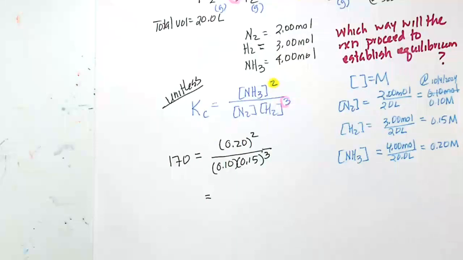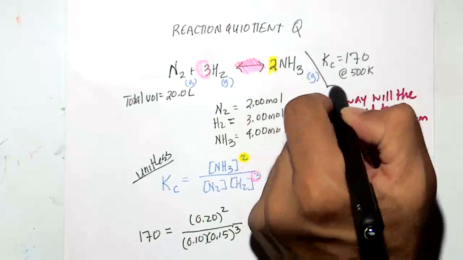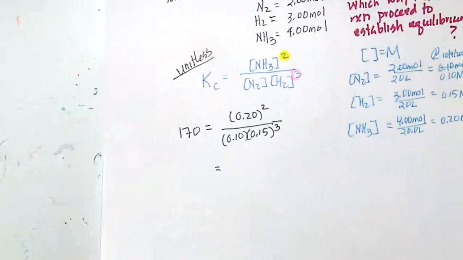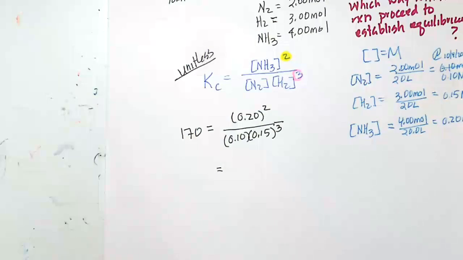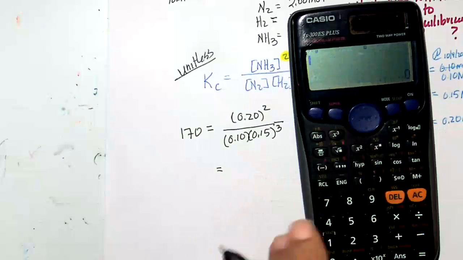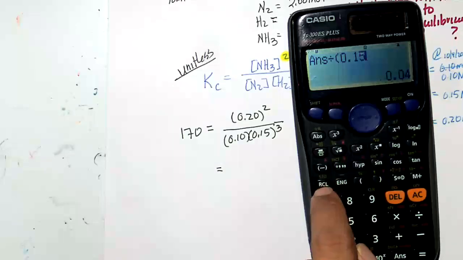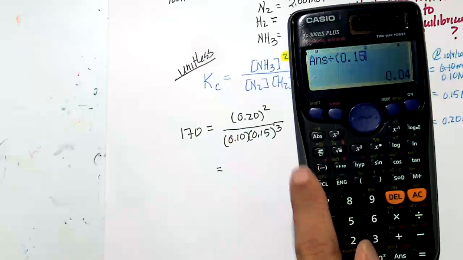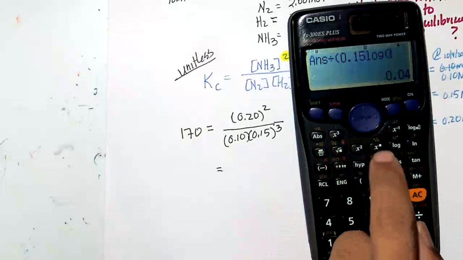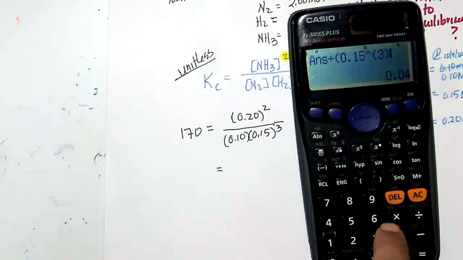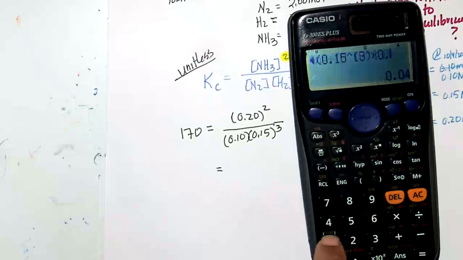So if we're at equilibrium, all of this should be equal to the equilibrium constant that they gave us in the problem. And what is this equal to? 0.2 squared is 0.04, divided by 0.15 to the power of 3 times 0.10.